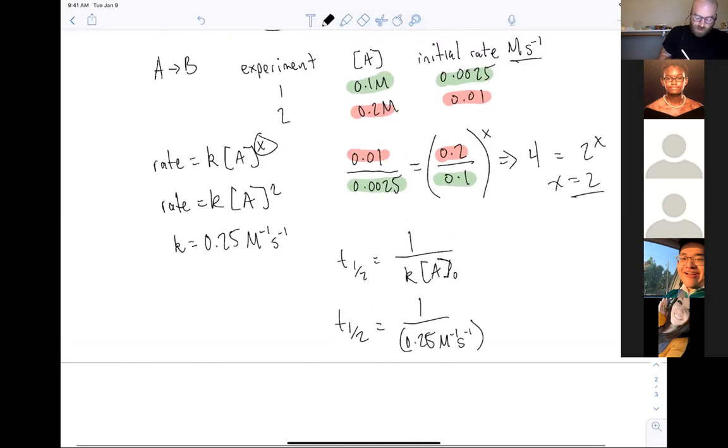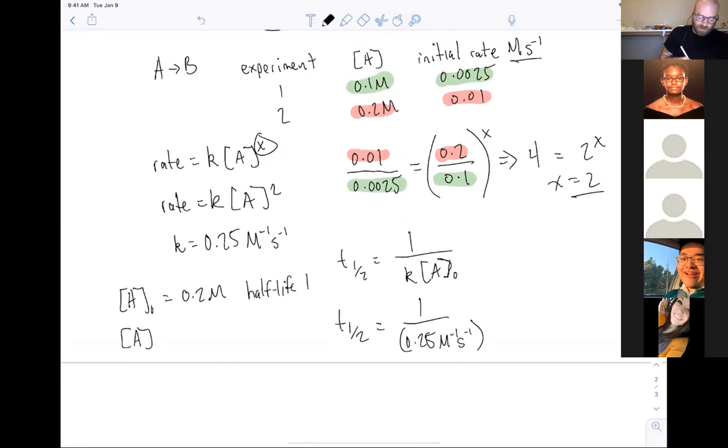So in experiment 2, we start out, I guess we're calling the first half-life, a sub 0 is equal to 0.2 molar. So if we want to call that half-life 1, maybe this is how people talk about half-lives, I don't know. But half-life 2, I don't know which one to call this, a sub 0 prime.